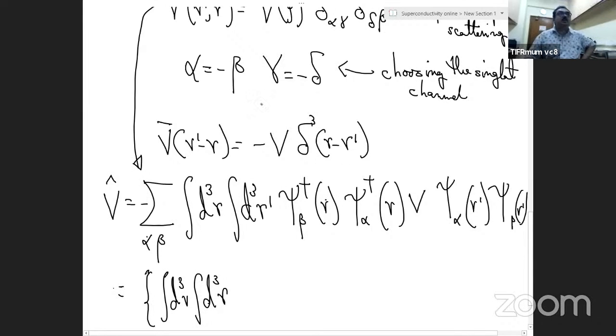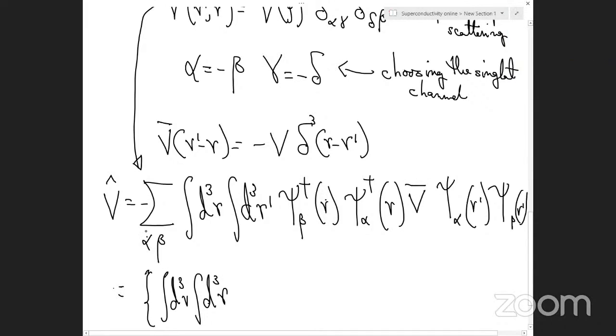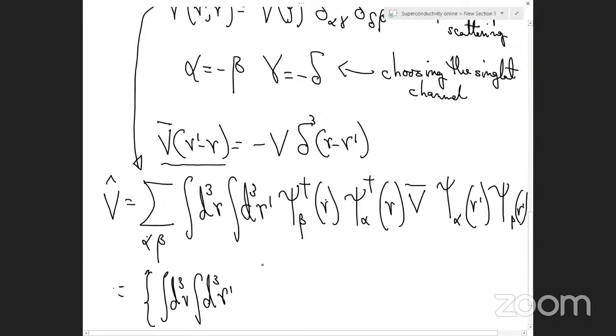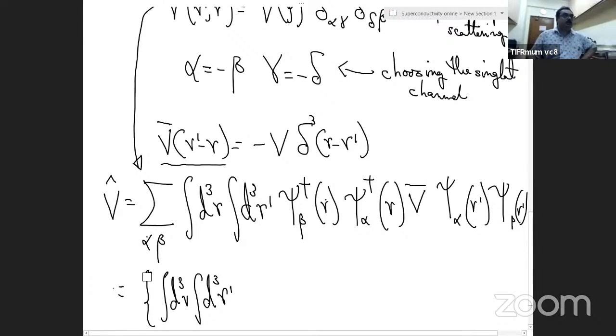This delta function I have not yet taken, isn't it? Yes, sorry. I have not yet done it. When I do one of the integrations, this delta function will go. So this V dash has the delta function built inside. So I don't need to put this minus yet. All right? Yes. I don't need this bracket.